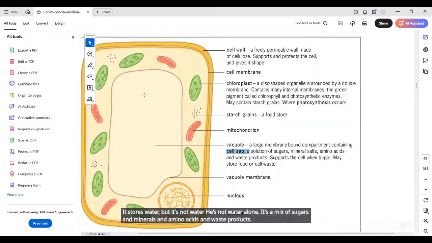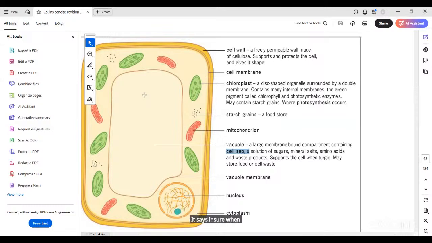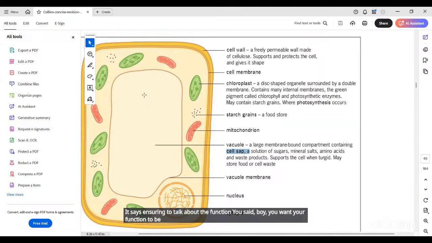When you talk about the function, you want it to be as specific as possible. So: a large membrane-bound compartment containing cell sap, a solution of sugar, mineral salts, amino acids. Cool?